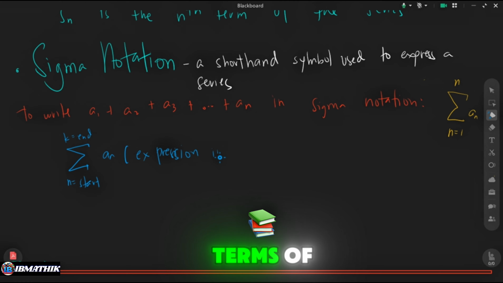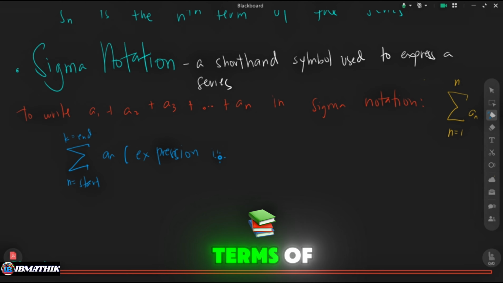Alright, so these are the key terms and definitions that we need to ponder in this lesson. The first one is the series. When we say series, it is the sum of the terms of a sequence. For example, the sequence is, let's say, 1, 3, 5.